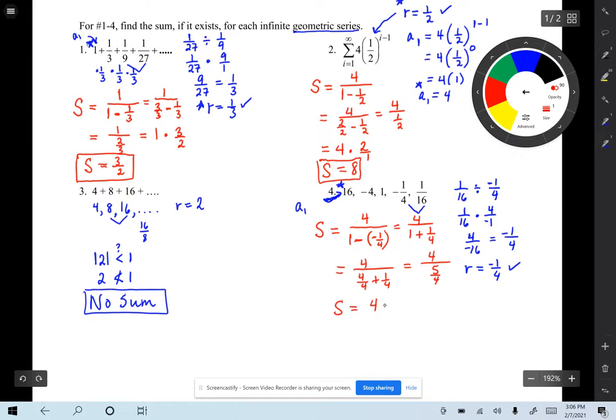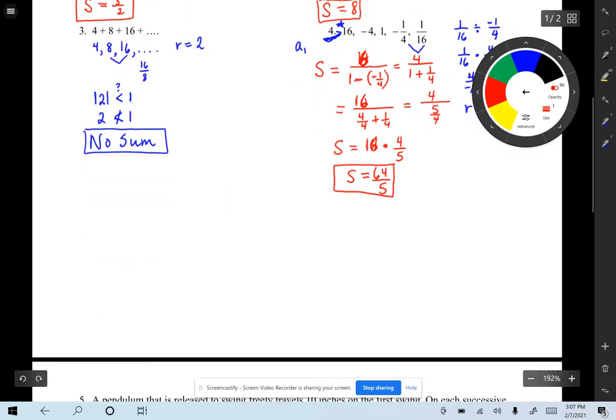Keep the numerator the same, multiply by the reciprocal of the denominator, and you get, oops, I feel like I did something wrong here. Let's see. Oh, I'm sorry, the first term is 16. I was looking at problem number 4. So that's 16, easy fix. So it's 16 times 4, 64/5. There we go. First page done.